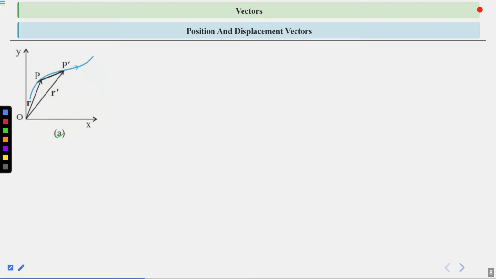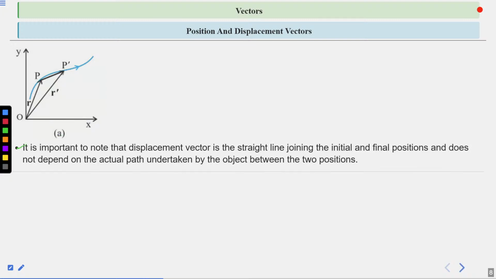So it is important to note that displacement vector is the straight line joining the initial and final position. So look at here, P and P prime. This shows the position of the particle.